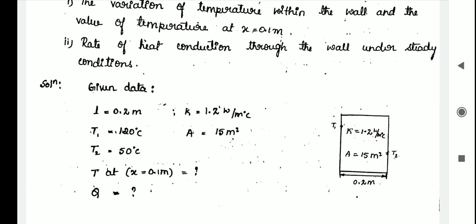Thermal conductivity is 1.2 watt per meter degree Celsius, and area is 15 meter square. We have to find the temperature at distance x equals 0.1 meter, and the rate of heat conduction, q.